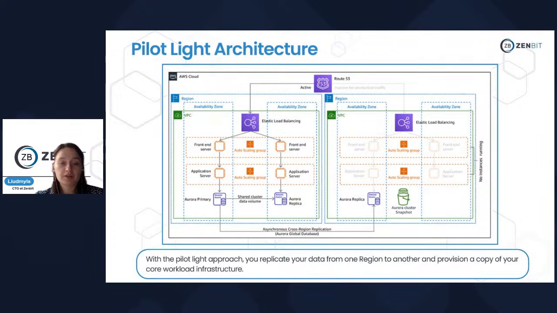So a pilot light approach minimizes the ongoing cost of disaster recovery by minimizing the active resources, and simplifies recovery at the time of a disaster because the core infrastructure required is all in place. You can see one of the examples in the slide.